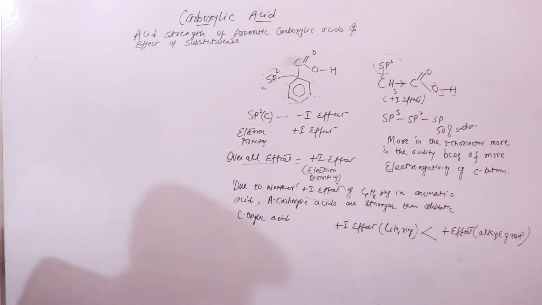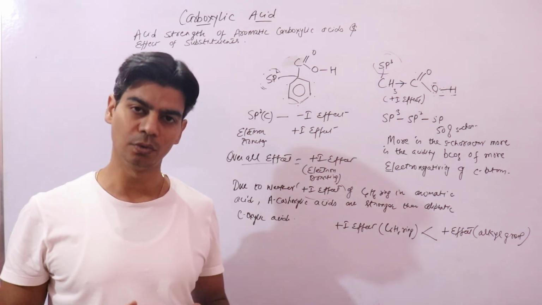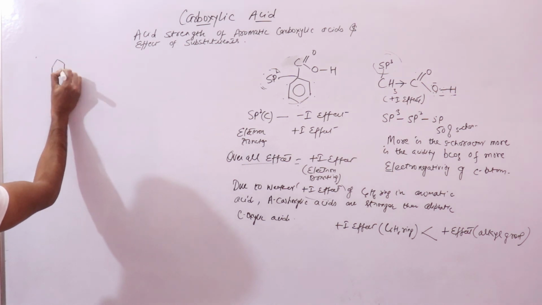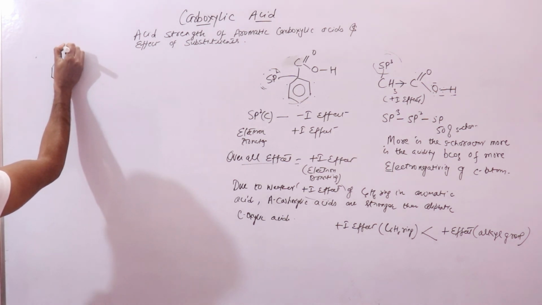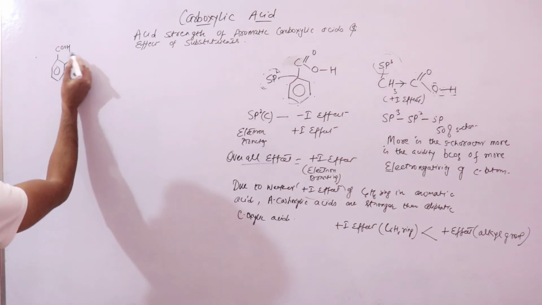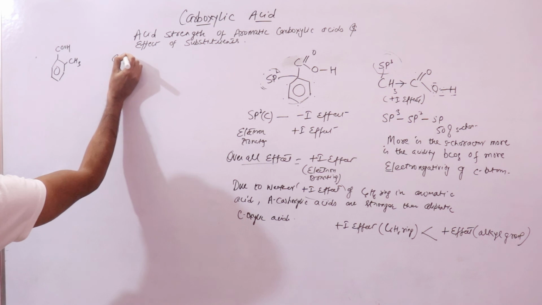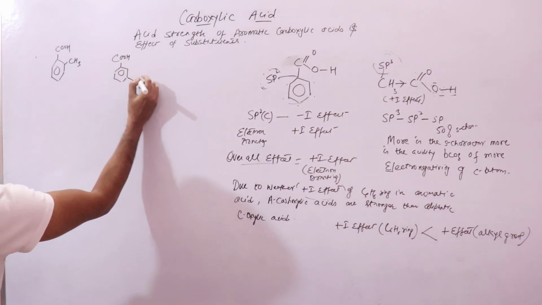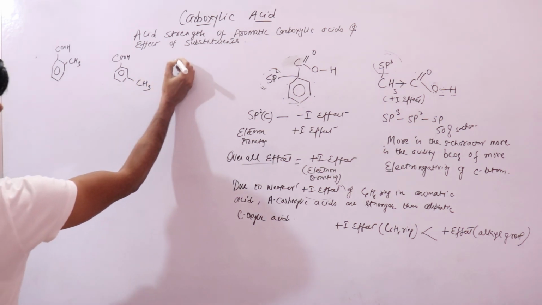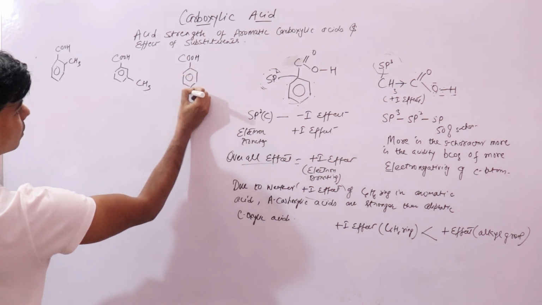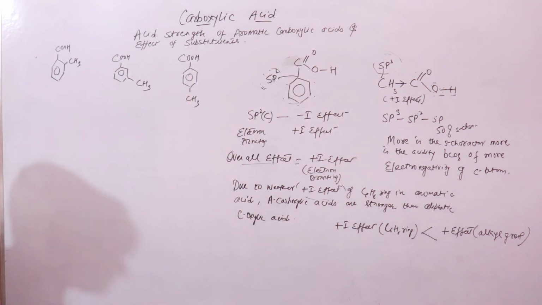If you have a methyl group, if the substituent is a methyl group, it can be at ortho position, it can be at meta position, it can also be at para position, right?